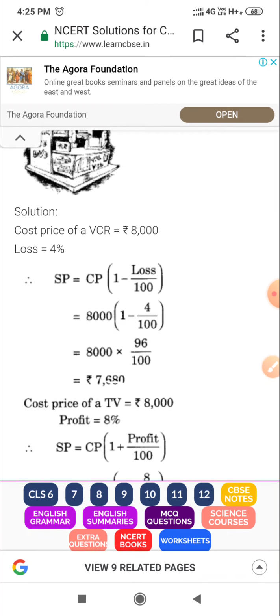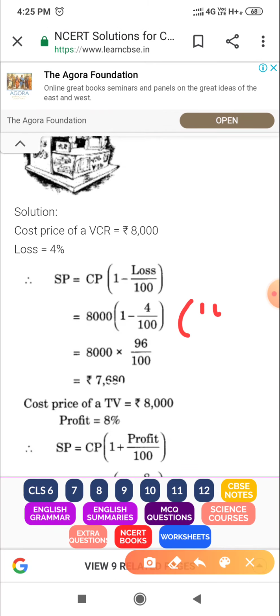So we have 100 minus 4 divided by 100, and its answer is 96 divided by 100, and this fraction is multiplied by 8,000. After solving this calculation, we have rupees 7,680, and it is the SP for VCR.